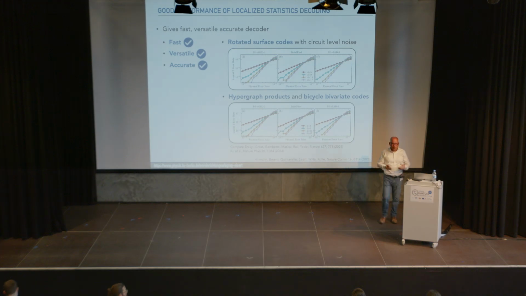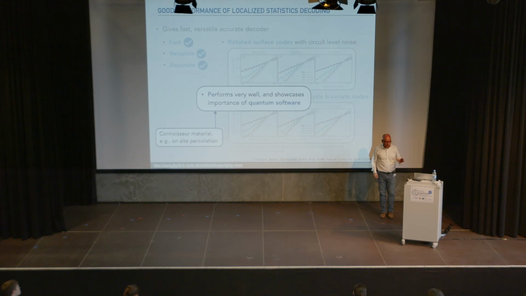That works well on paper, of course, but the proof is in the pudding, or you have to show how it works in practice. We've tested this on common candidates: the rotated surface code with circuit level noise, the hypergraph products, which are common QLDPC codes, and the famous IBM bicycle bivariate codes with very good thresholds, and also with very nice performance concerning the parallel implementation.